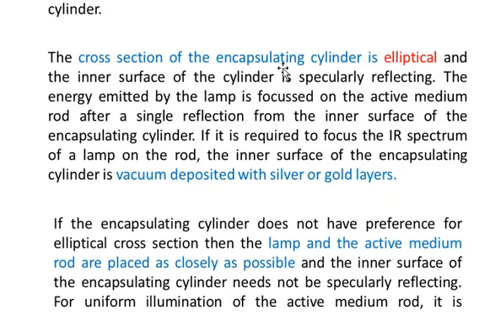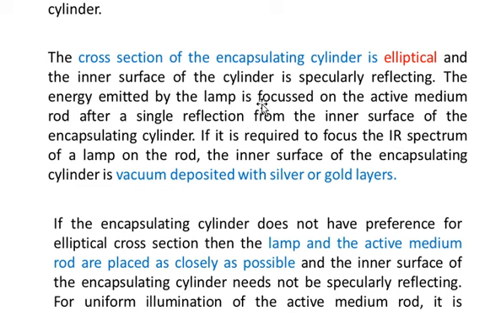The cross-section of the encapsulating cylinder is elliptical, and the inner surface of the cylinder is specularly reflecting. That is, the inner surface of the cylinder is so smooth that it will be specularly reflecting. That is, at each point of the inner surface, angle of reflection will be equal to the angle of incidence.